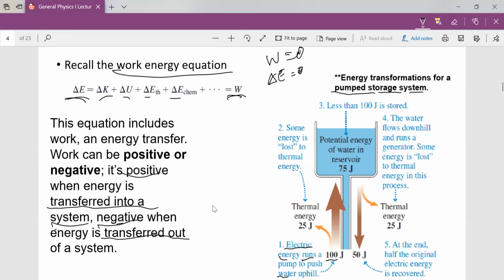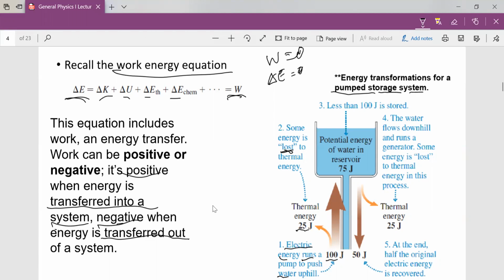Now, as the water is going up, we know that thermal energy is released whenever we have any system, fluid, drag, or surface contacts. Those are some of the contact energies that lead to the release of thermal energy. Okay, so as water pumps up the hill, 25 joules is, let me use the word lost, but we know that we don't really lose energy because it is transformed to another form. So it's transformed, or let's just borrow the language lost, to thermal energy.